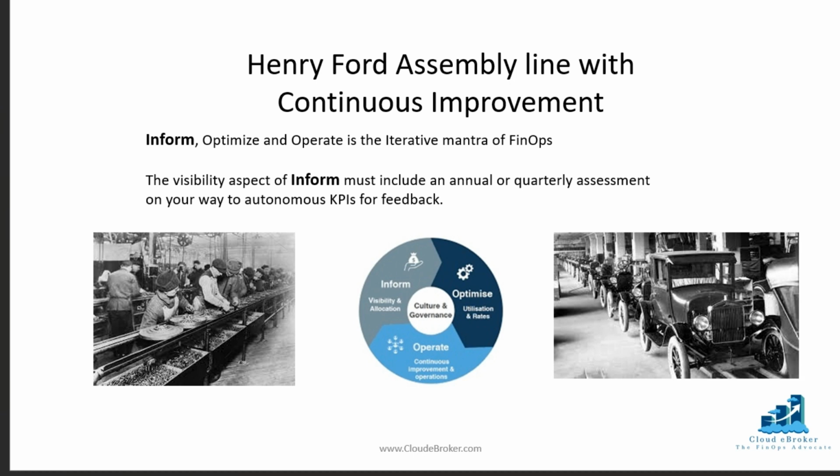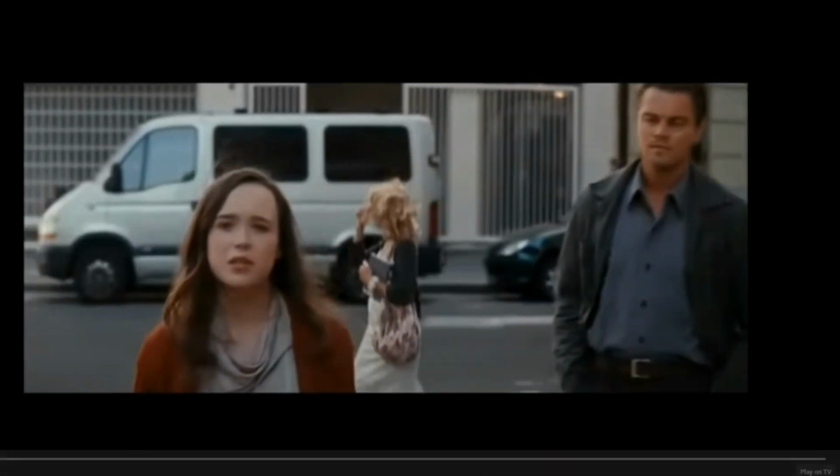What we're doing in the cloud is a lot more complicated than what Henry Ford did with his assembly line. Our software assembly line actually requires that we change constantly, whereas with Henry Ford, once the Model T ran off the assembly line, he was done.